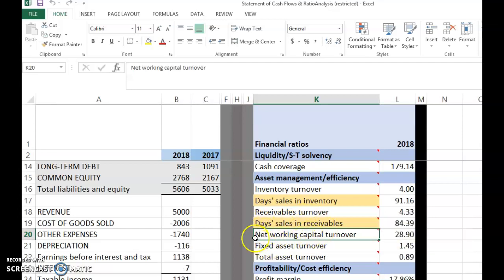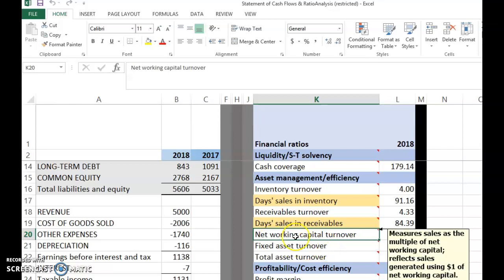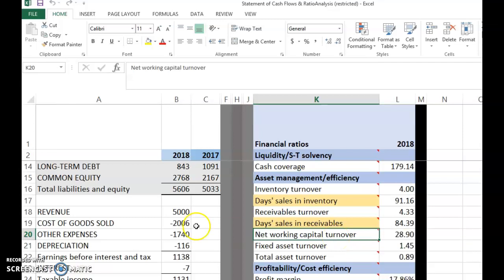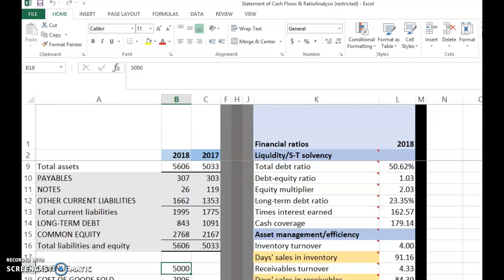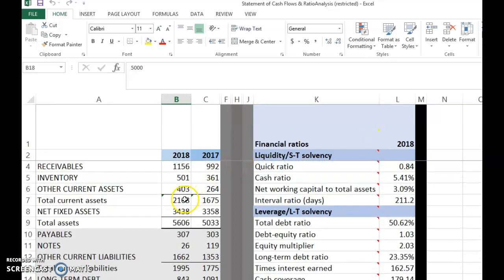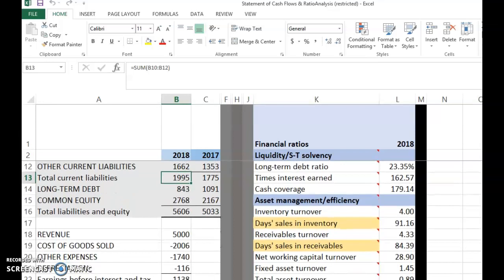But here we treat that like an asset. So in order to compute this, we take revenue or sales divided by net working capital, which you get from the balance sheet as total current assets minus total current liabilities. So 5,000 divided by the difference between the current assets and the current liabilities. Therefore, you get this value, net working capital turnover.